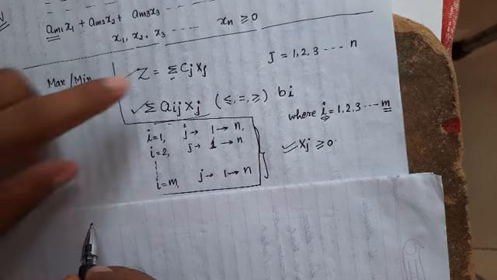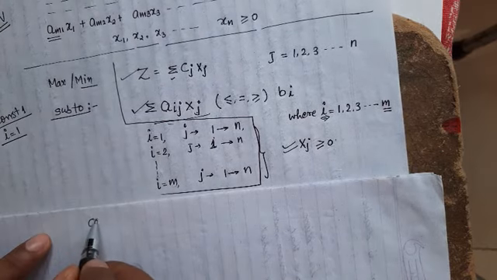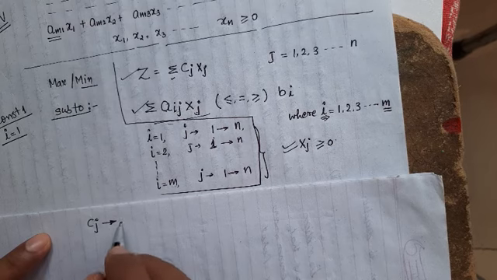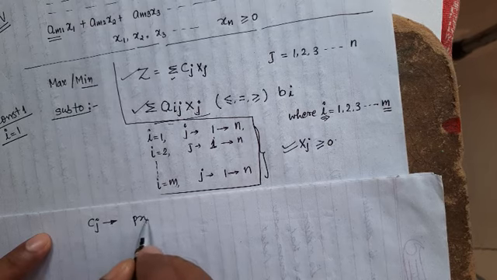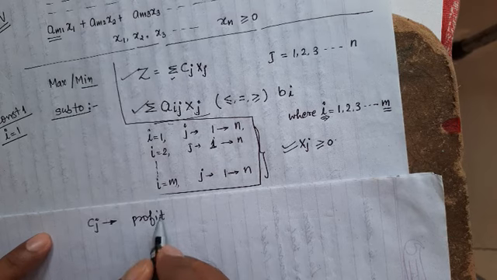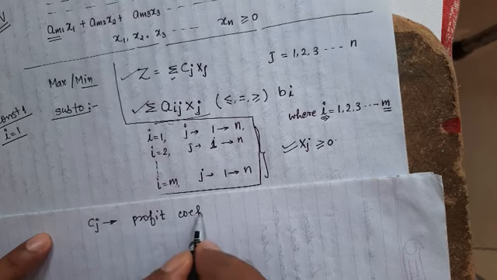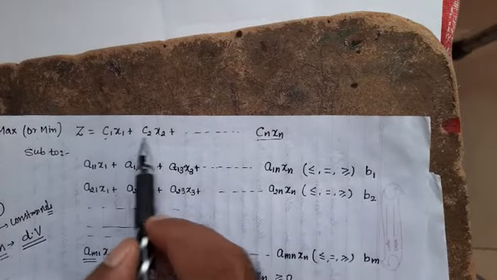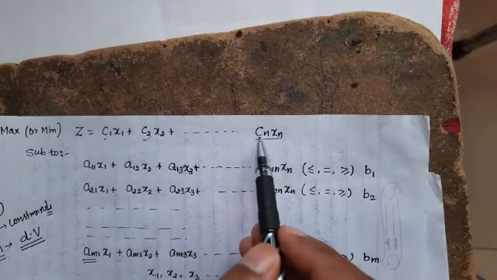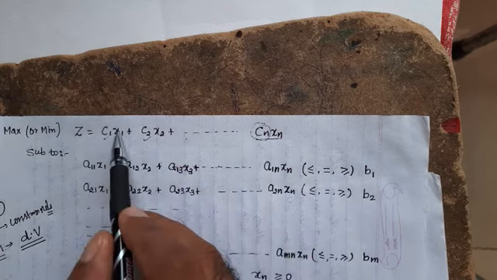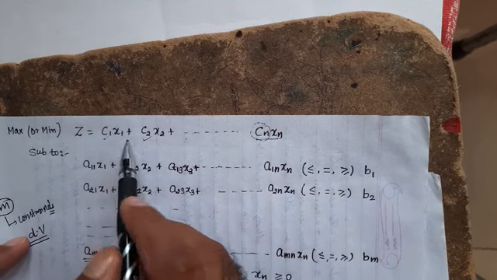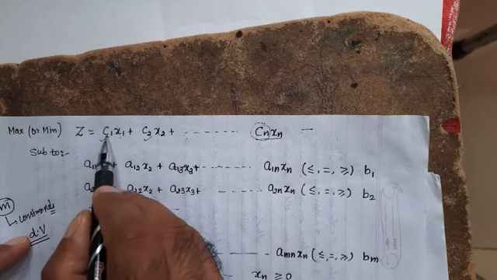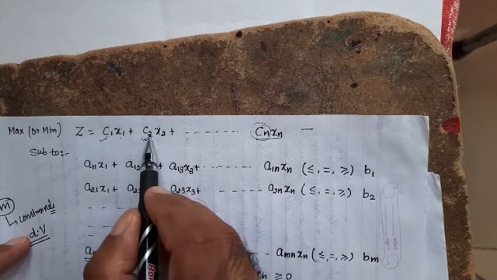The first term here, cj, is called the profit coefficient. That means cj means c1, c2, c3, c4 up to cn, the coefficients of x1, x2 and so on in the objective function. So x1 is contributed by c1, x2 is contributed by c2.